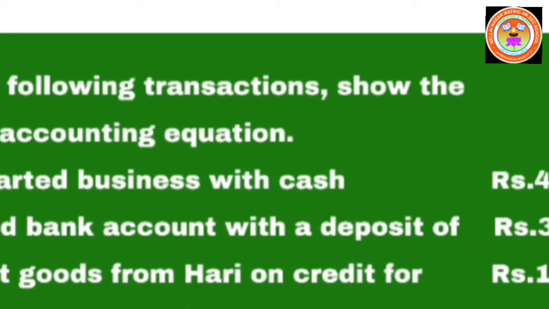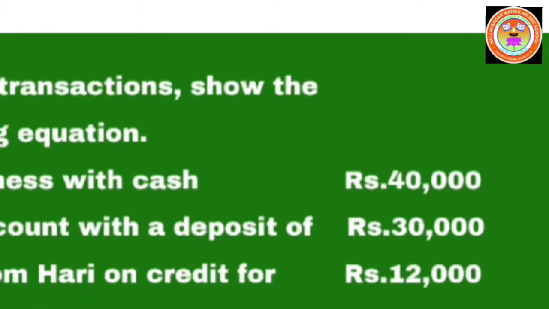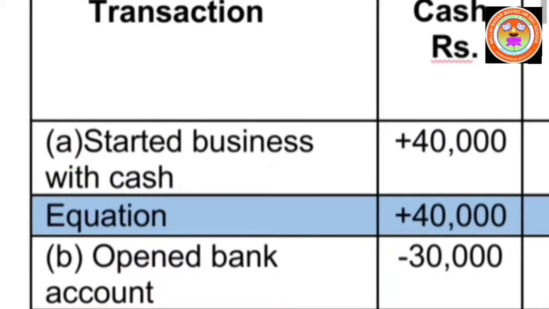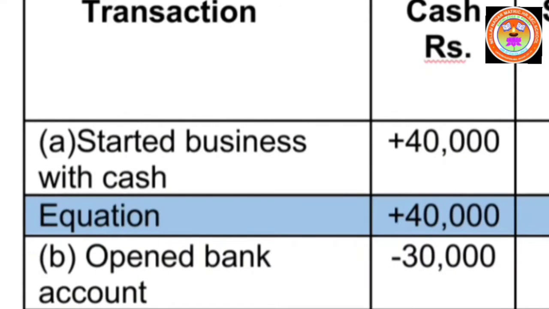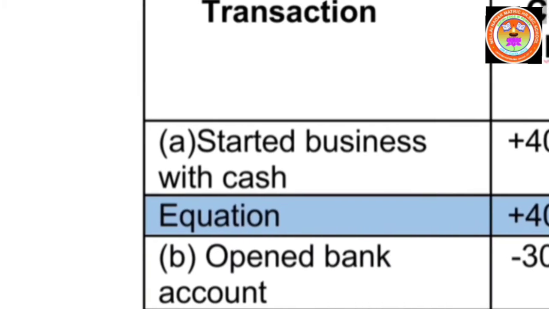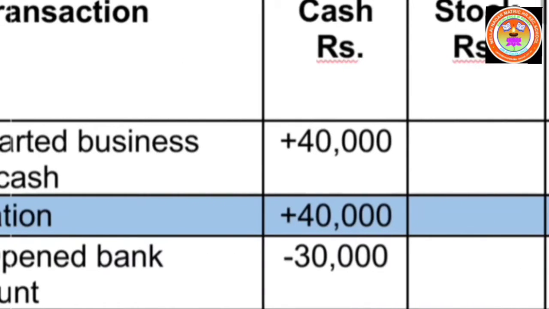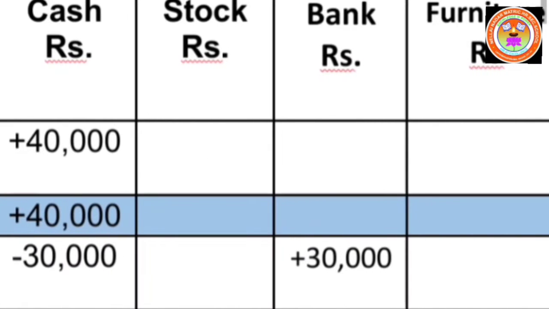Transaction: opened bank account with a deposit of rupees 30,000. Write shortly. Out of that 40,000, Raj deposits 30,000 into bank. So cash balance decreases and bank balance increases. Bank balance is also one of your assets.